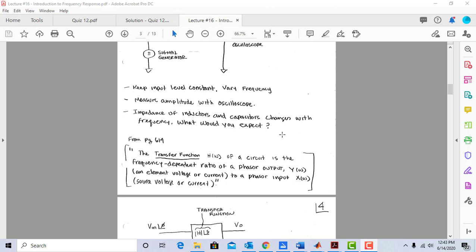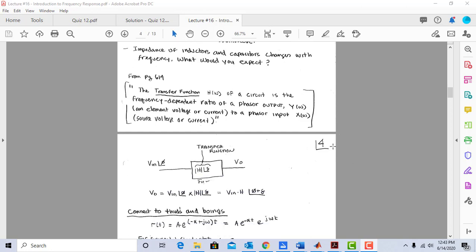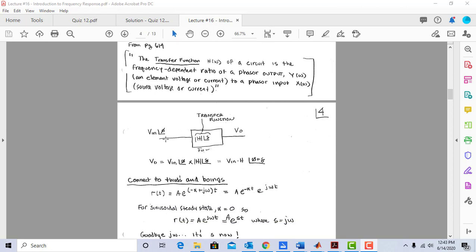So you've been working with transfer functions, but now you're going to calculate transfer functions, then we're going to change the frequency and look at how the transfer function changes. Here's kind of a picture of it. We've got an input voltage.